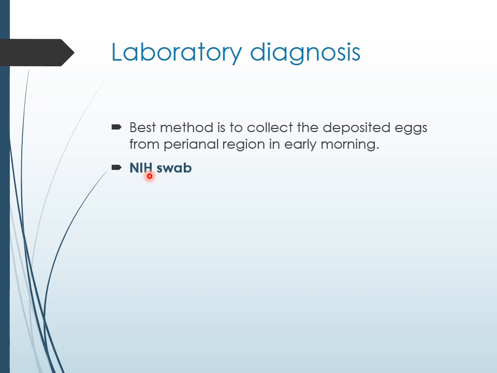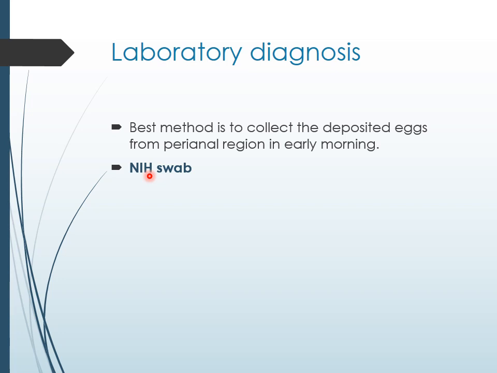This is very simple swab. There is a swab stick. Instead of cotton bud, there is a cellophane tape attached to that swab stick, and that cello tape is attached in a way that sticky side of that cello tape is on the outer side. So carefully that swab is rolled on the perianal skin of the patient.